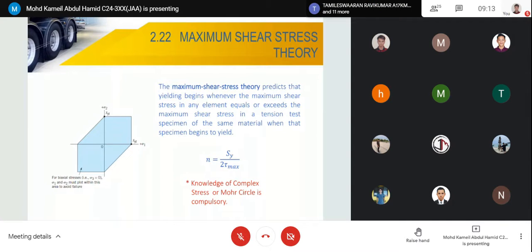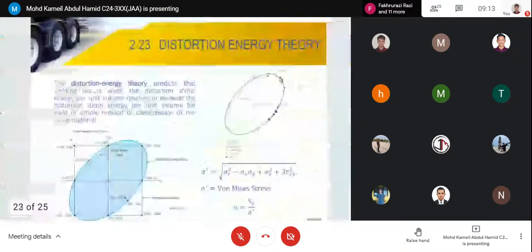Sometimes we'll see 0.5 SY: tau max is equal to 0.5 SY divided by N. So it's just the opposite. That is the maximum shear stress theory.